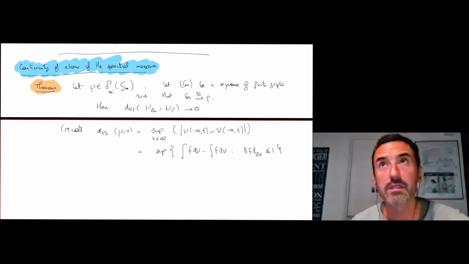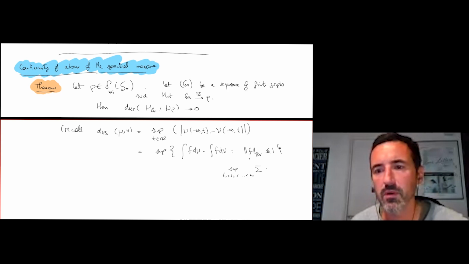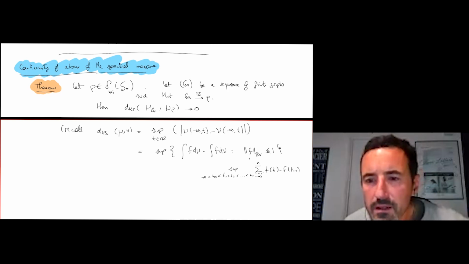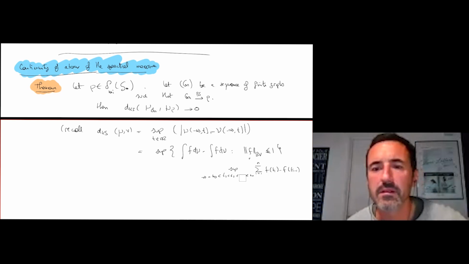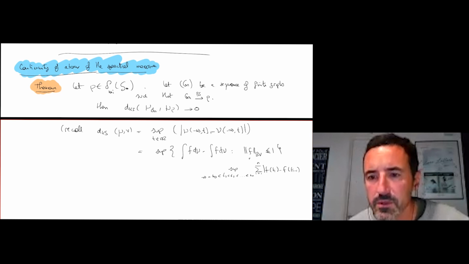If you don't know what a total variation distance, bounded variation distance is, it is a supremum over all t1 less than t2 less than tn of the sum of |f(ti) minus f(ti minus 1)|. Maybe you put t0 equal to minus infinity and tn equal to plus infinity, and you do this sum from 1 to n, and you put an absolute value here.